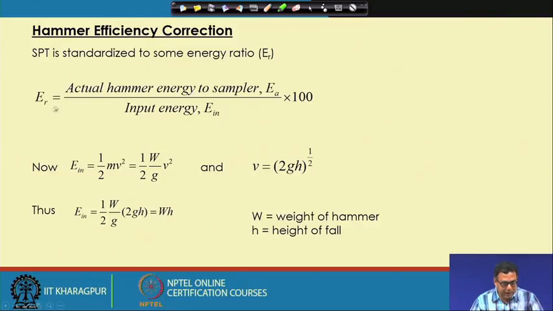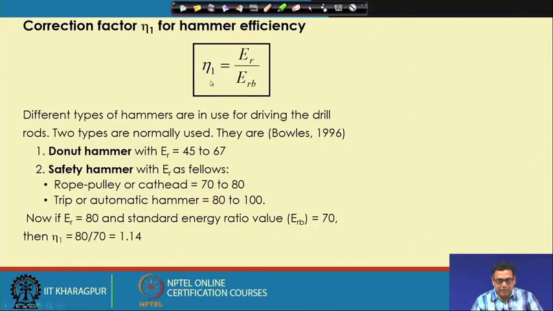So we get an energy ratio ER, the actual hammer energy divided by the input energy, and the correction factor is ER divided by ERB. Now, ERB is the energy to which we convert all the hammers to a standard energy, by which we can represent the soil.